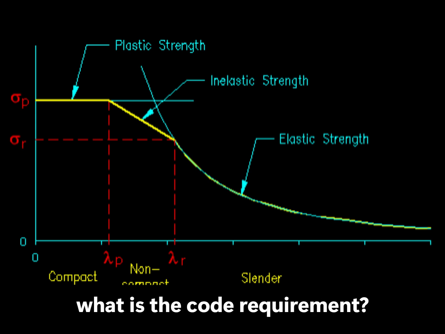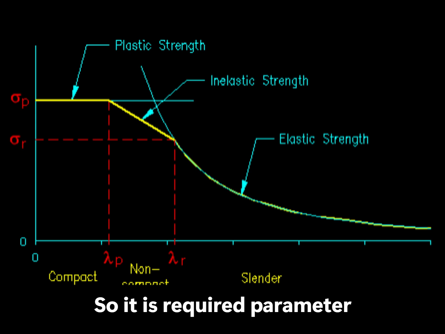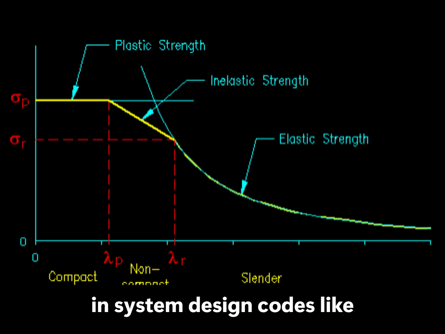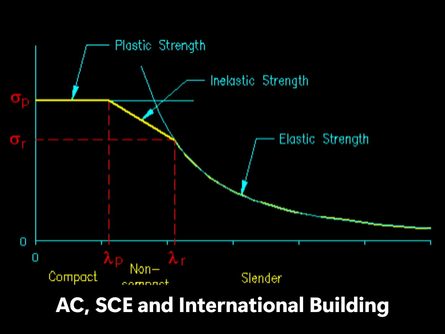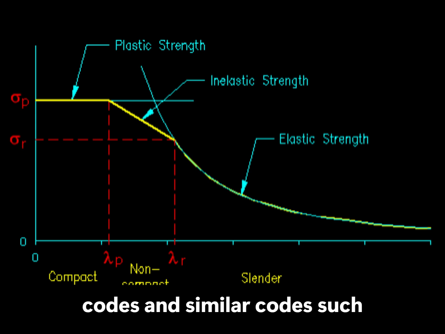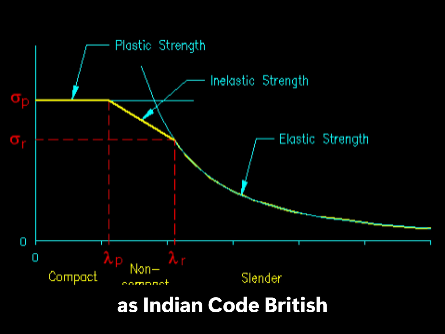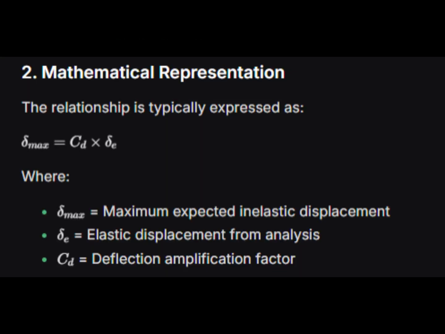And what is the code requirement? It is a required parameter in seismic design codes like ASCE, the International Building Code, and similar codes such as the Indian code and British code.